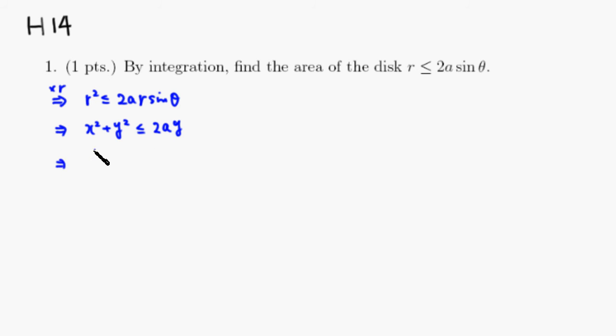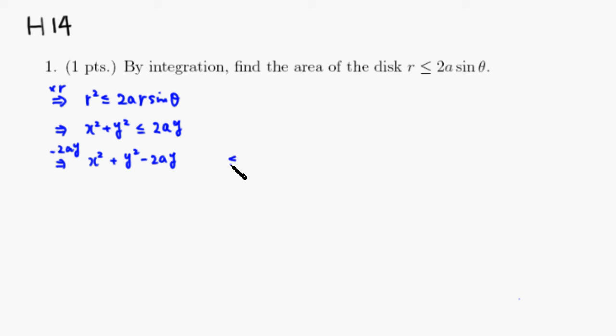Put everything on one side, so you have x squared plus y squared, and I'm going to subtract 2ay from both sides, so minus 2ay is less than or equal to 0.